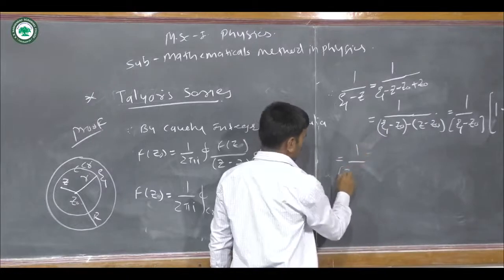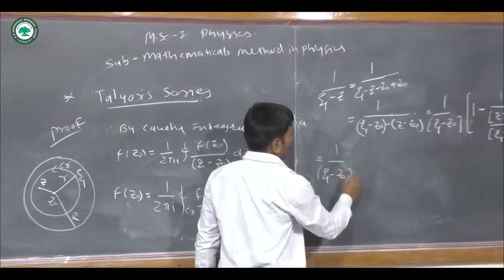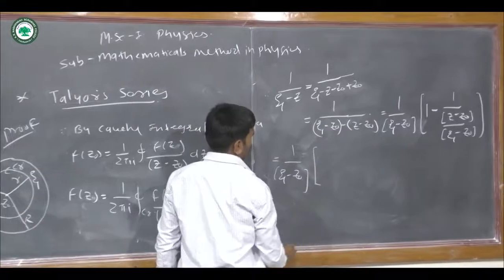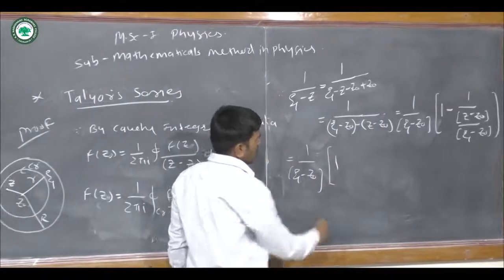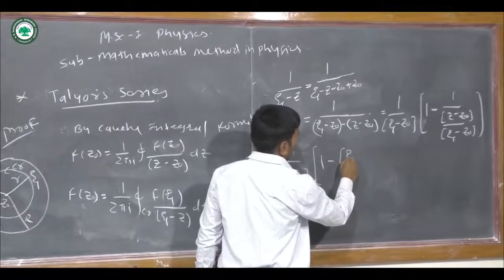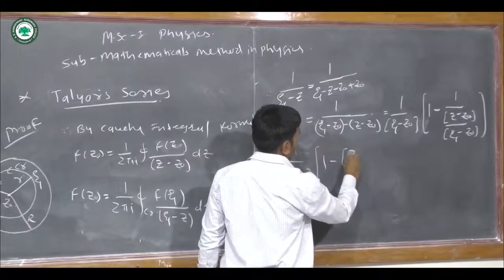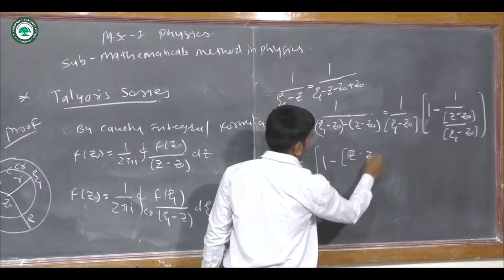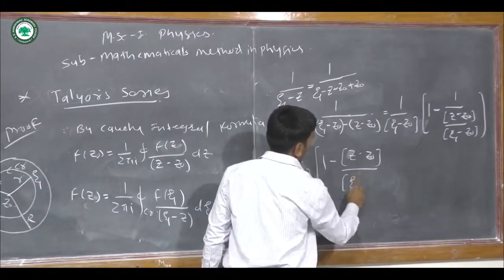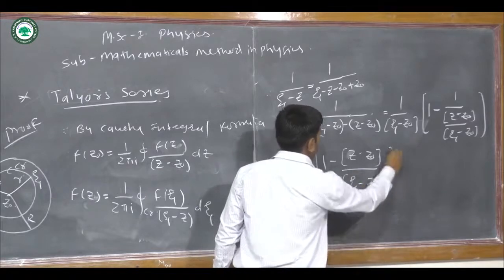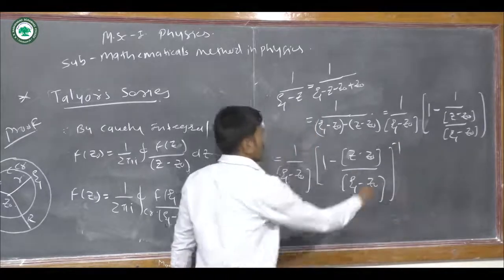1 by psi minus z naught into 1 minus z minus z naught divided by psi minus z naught, just power minus 1.